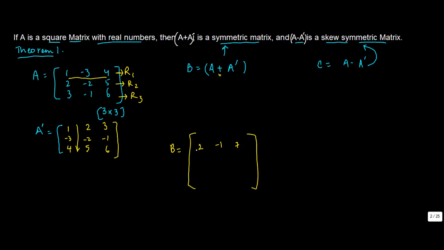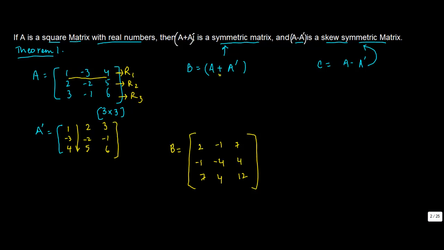Right? 2 plus -3 gives you -1. -2 minus 2 gives you -4. 5 minus 1 gives you 4. 3 plus 4 gives you 7. -1 plus 5 gives you 4. 6 plus 6 gives you 12. Right?